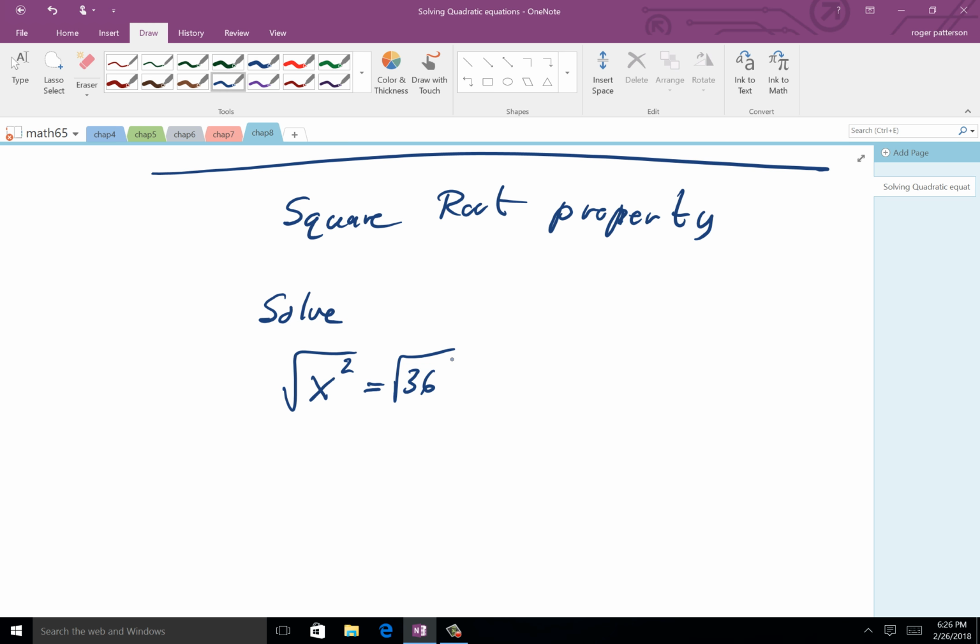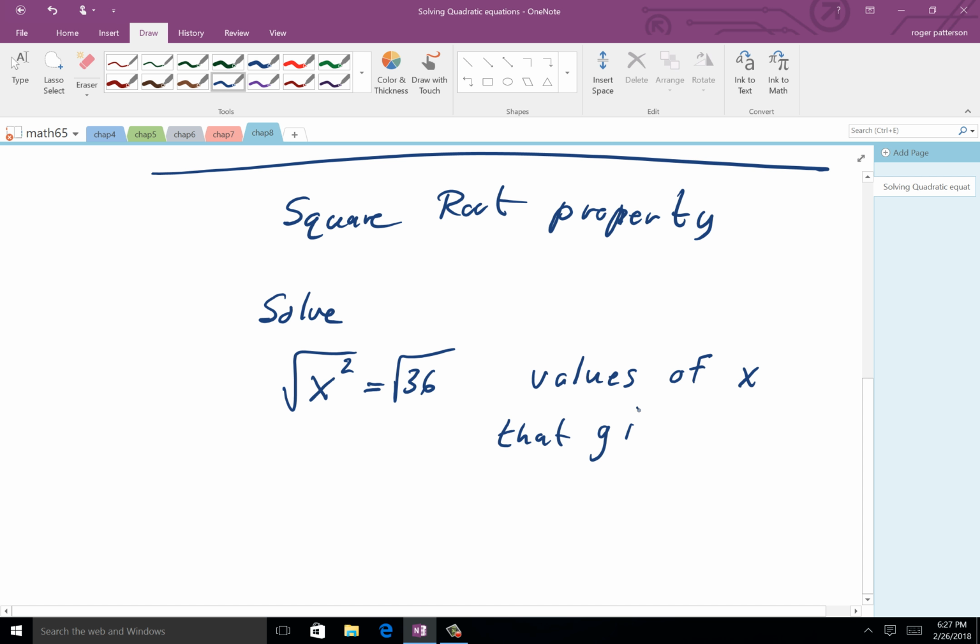But when we're solving them, we're not necessarily looking at the principal square root. We're looking at values of x that are going to give us 36 when I square them. So the principal square root only gives us half of those values of x.